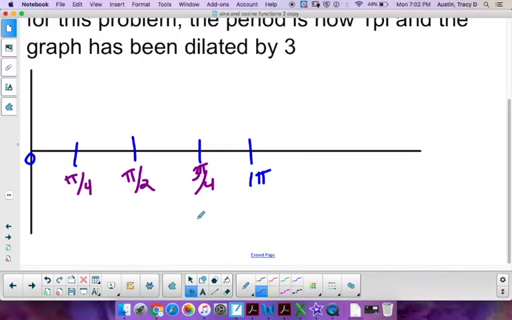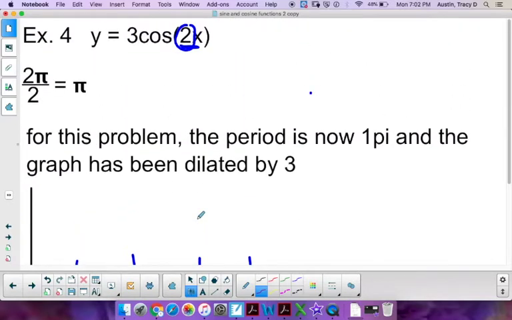Okay, so now let's talk about what's actually happened to the graph. Remember that these transformations all affect the y value, right? If you're stretching it, then you're making your y values that much bigger or smaller. If you're making it go up or down, then you're making your y values go up or down. So we would take all of our normal cosine points, right?